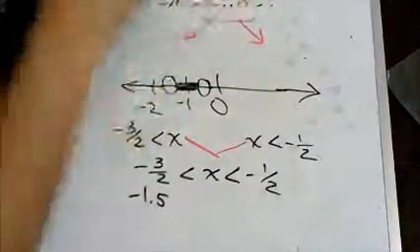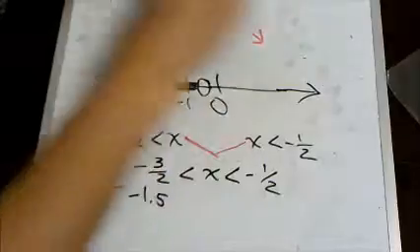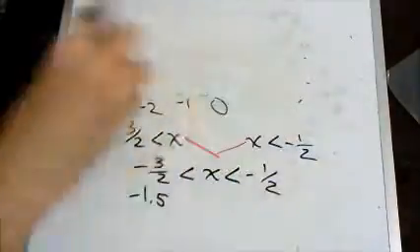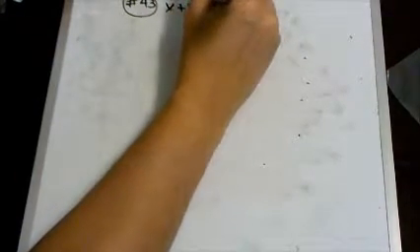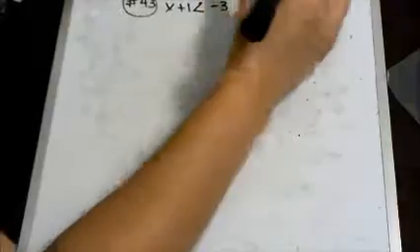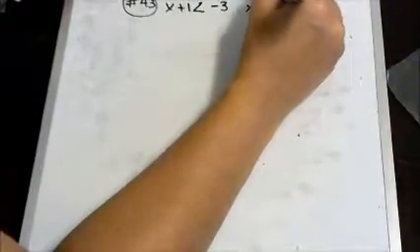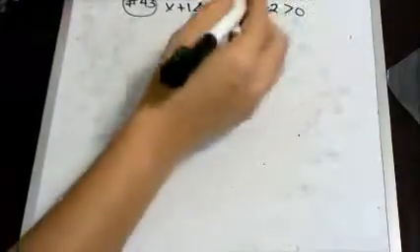Let's do 43. Number 43, we have x plus 1 is less than negative 3, or x minus 2 is greater than 0.